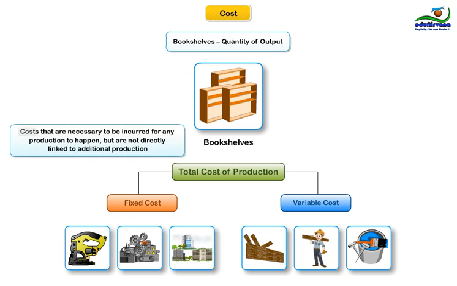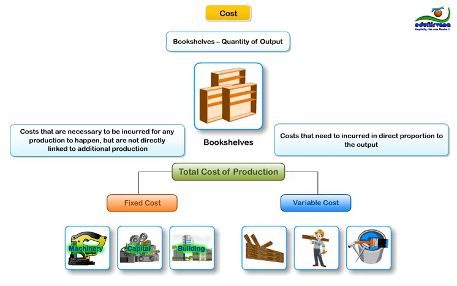Fixed costs are costs that are necessary to be incurred for any production to happen, but are not directly linked to additional production. Variable costs are the costs that need to be incurred in direct proportion to the output.